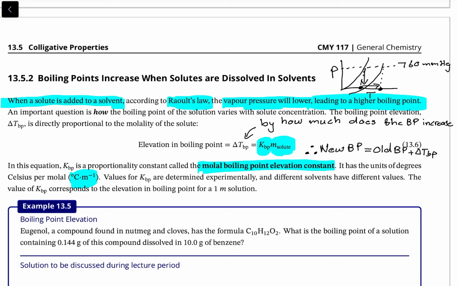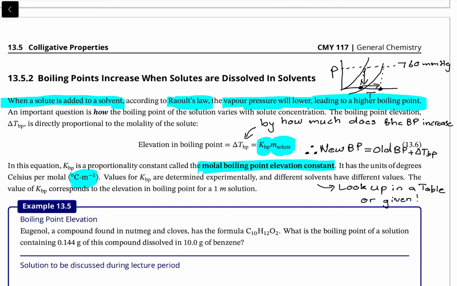So depending on your solvent, you're going to look it up in a table, or it will be given to you in a test or exam.